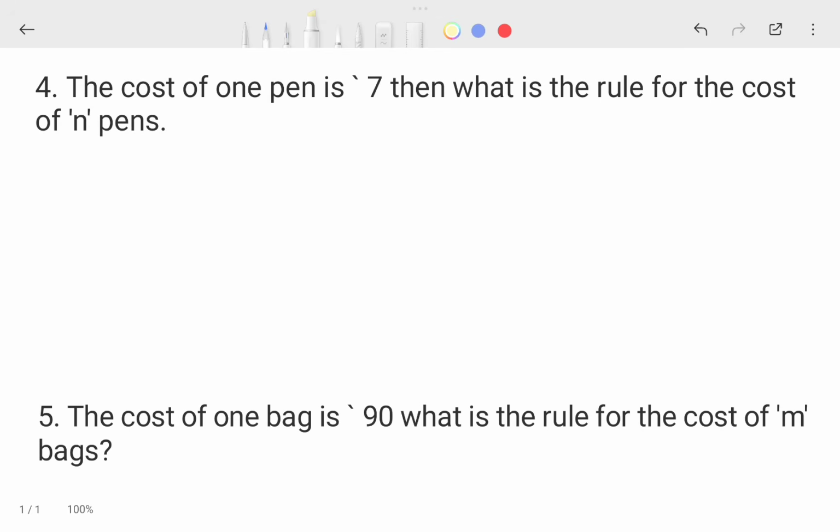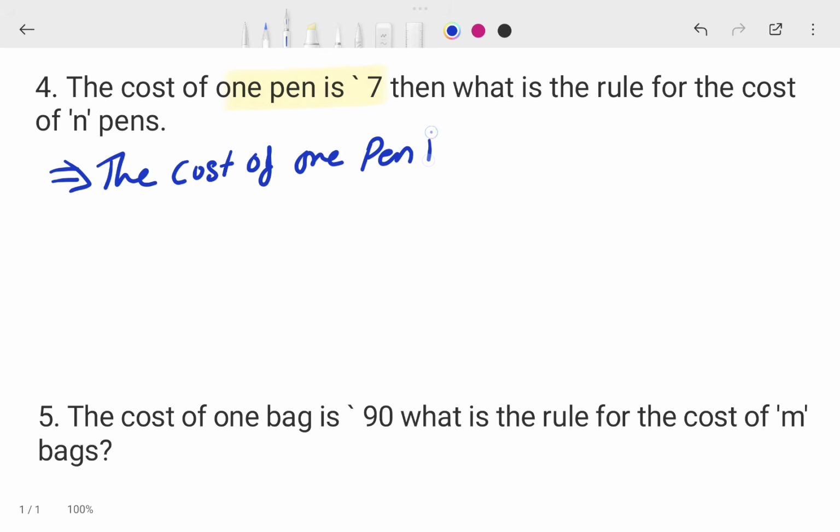The fourth question is very easy. It is telling that the cost of 1 pen is 7 rupees. Let's understand this question clearly. I will write the cost of 1 pen is how many? 7 rupees.